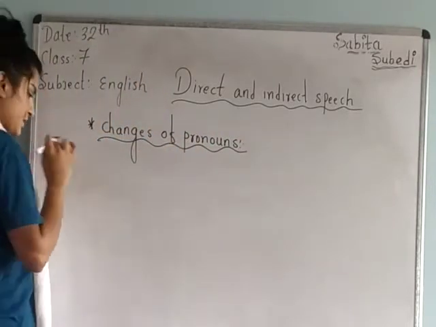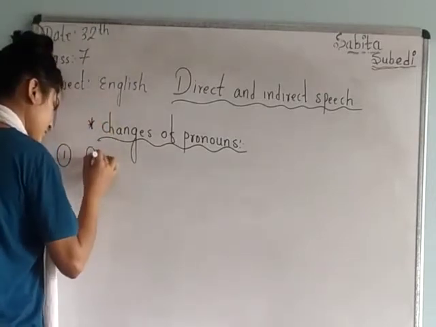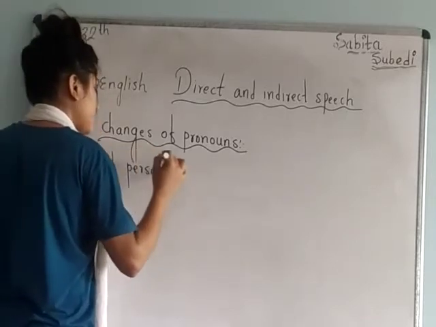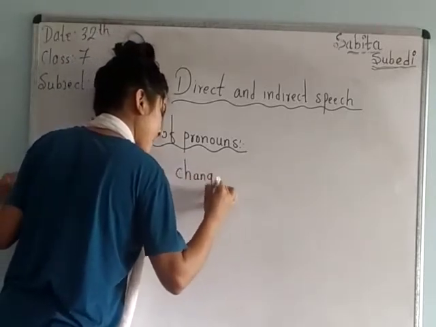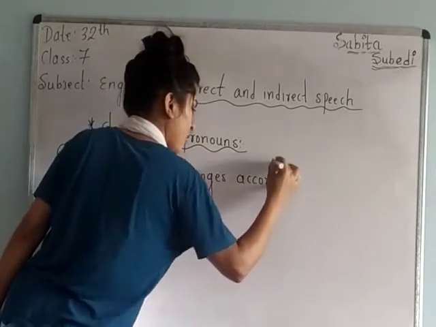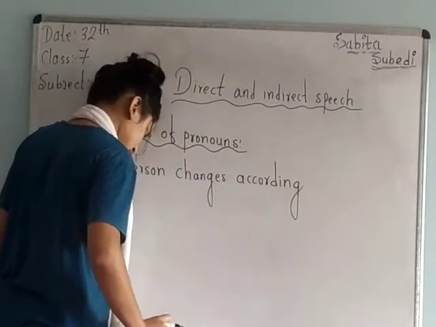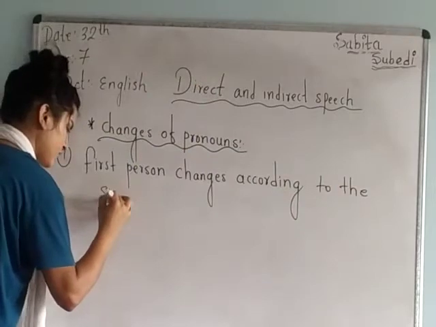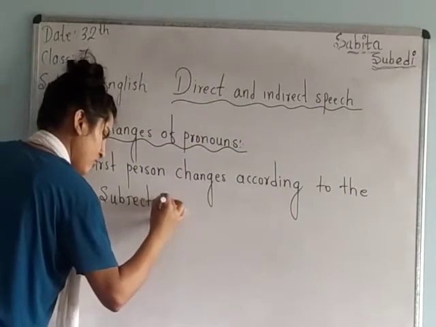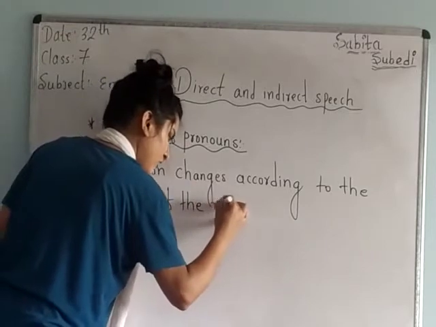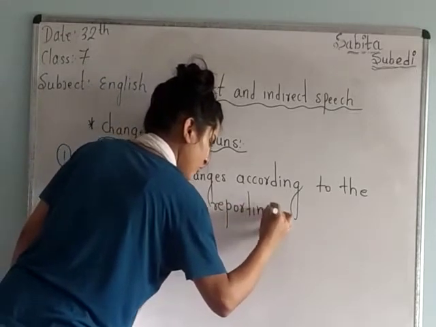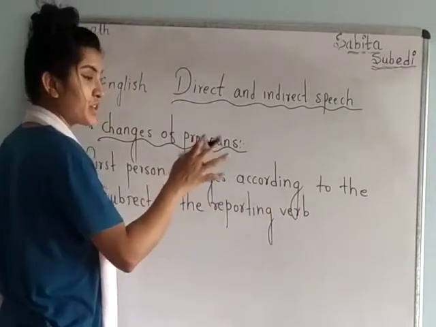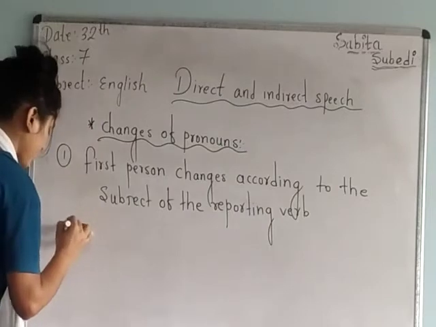Number one, first person, like I, we. First person changes according to the subject of the reporting verb.